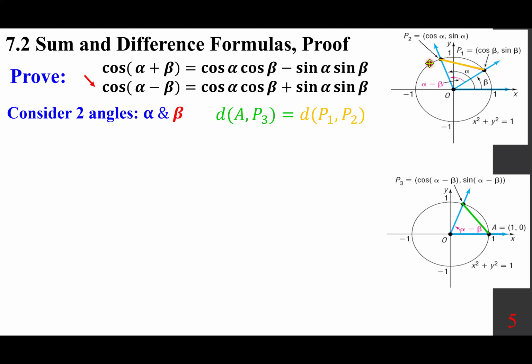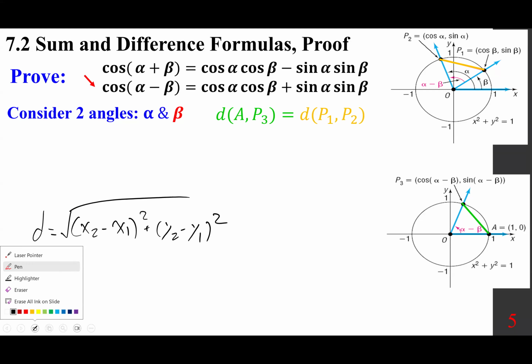Let's look at each one. And of course, since this is the top one, let's look at this distance. Remember the distance formula. It is the square root of x sub 2 minus x sub 1 quantity squared plus y sub 2 minus y sub 1 quantity squared.